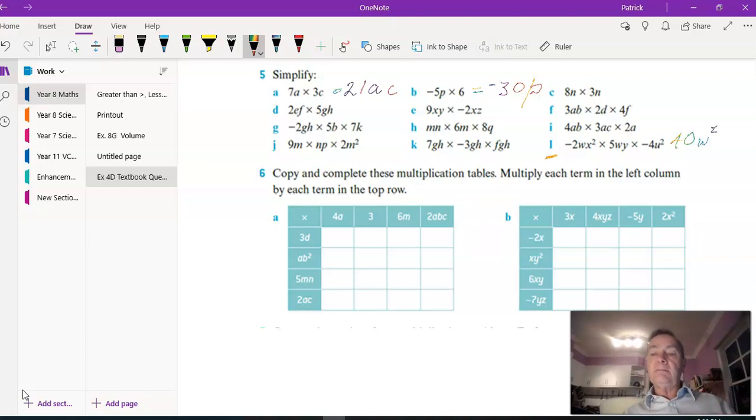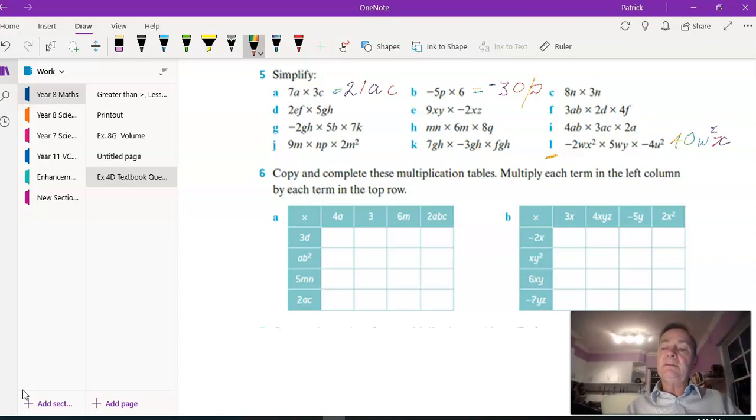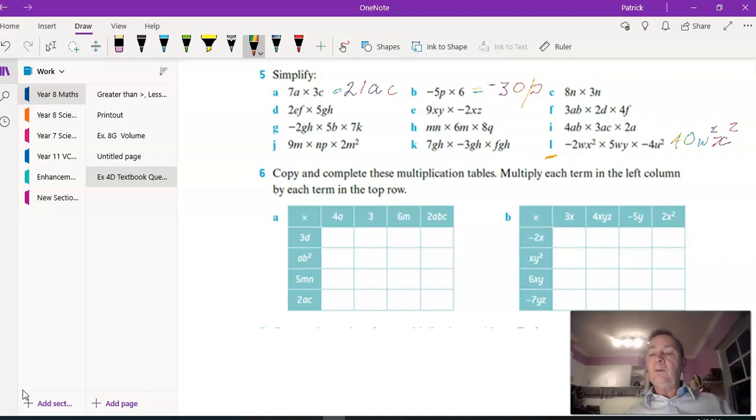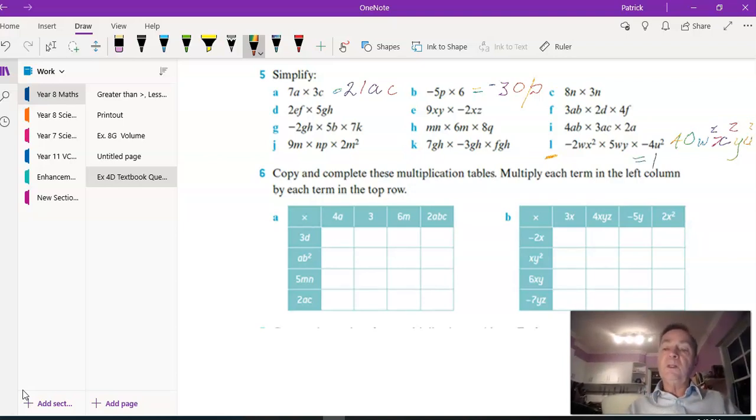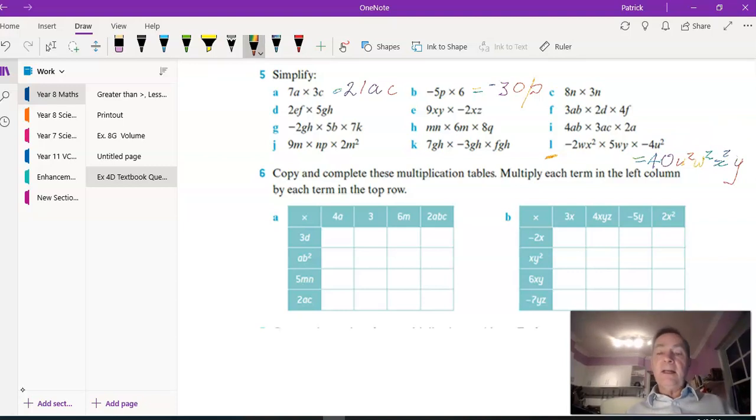X is the only one there, so that's X squared. And then we've got Y, and we've got U squared. I'm running out of room. So let's have a look at how we would put that in alphabetical order. That would equal 40 U squared, W squared, because we're doing it in alphabetical order, X squared, Y. So let me rub that top one out, and that would be our answer to part L.